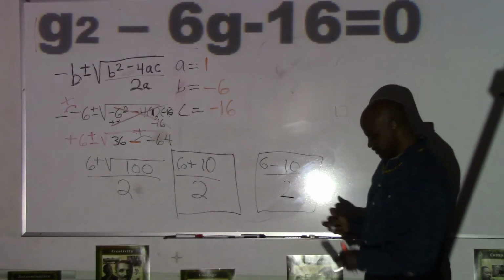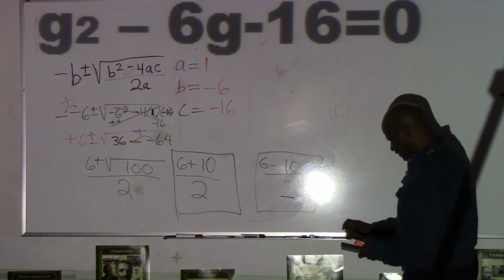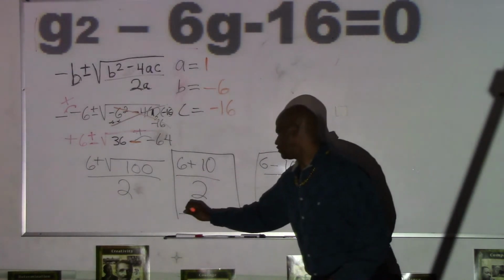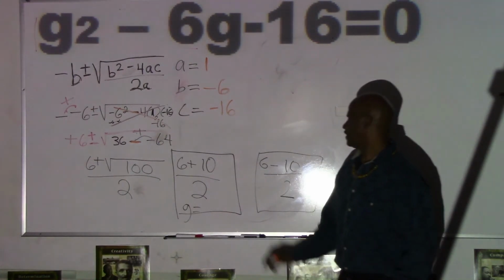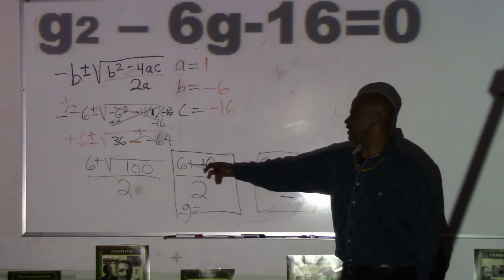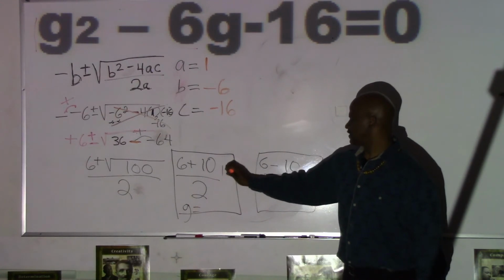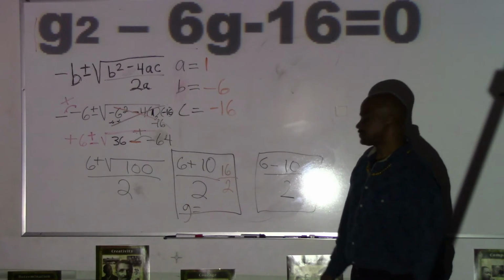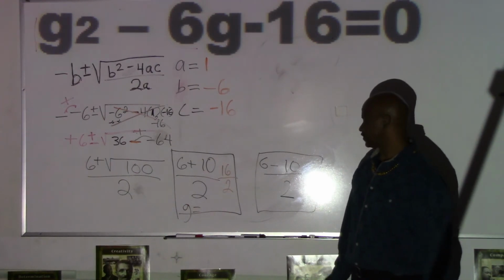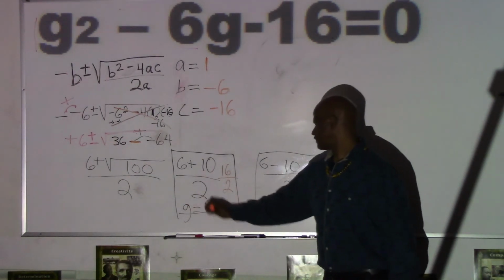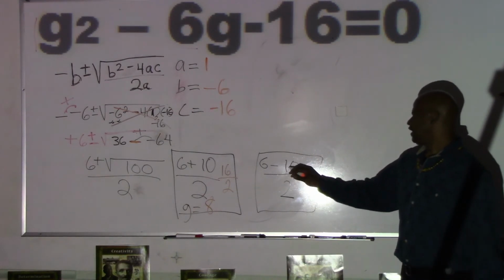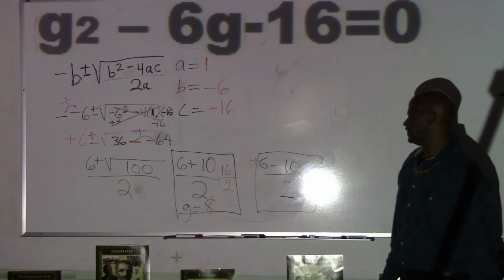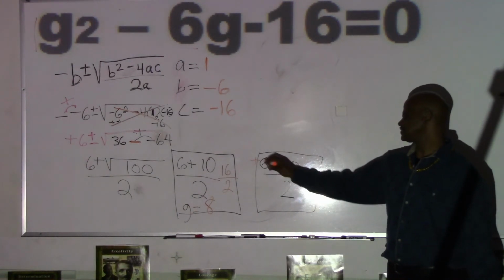If we look at both of these, we're almost done. We have g equals, first, 6 plus 10, which is 16. 16 divided by 2 is 8. So we have an 8 here. On the other side, we have a positive 6 and a negative 10.